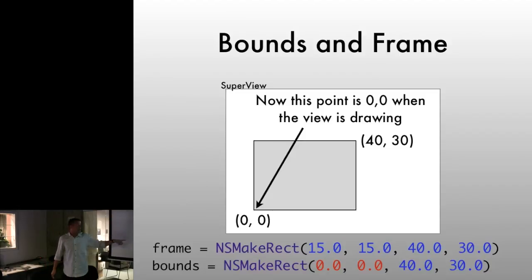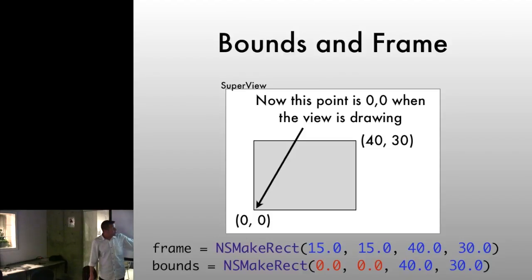As an example, here's a superview. The frame is an NSRect. We're starting it at 15, 15, and its width is 40, its height is 30. So this is now our origin for this frame. Here's the superview, and for this frame, here's the origin in the lower left. Remember, NSRects have an origin in the lower left.